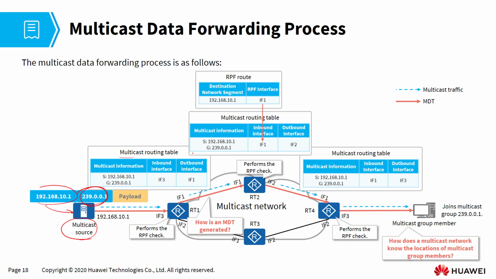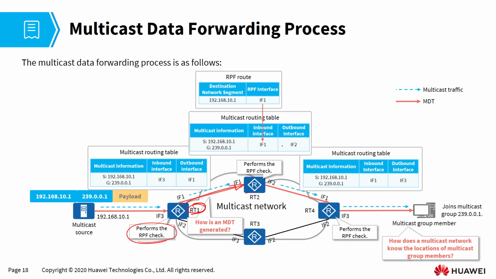The multicast routing table will have the source and the group, the inbound interface, and the outbound interface. This is the multicast routing table for router 1 here. Based on the multicast routing table, after performing the reverse path forwarding check, router 1 will forward the traffic to router 2.